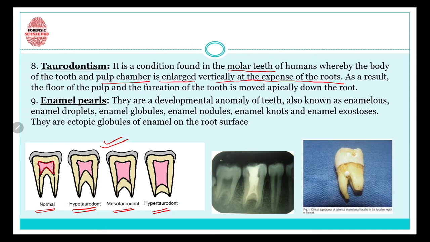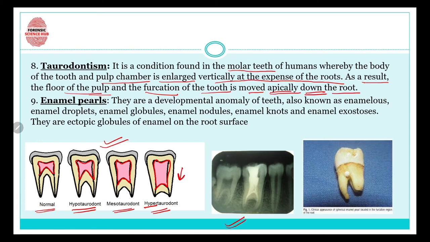The normal volume of pulp chamber can be seen here. In hypotaurodontism, there is slight increase in the pulp chamber. Here in mesotaurodontism, even more pulp chamber area can be seen, and in hypertaurodontism, even more pulp chamber can be seen. As a result, the floor of the pulp and the furcation of the tooth is moved apically down the root, as you can see.